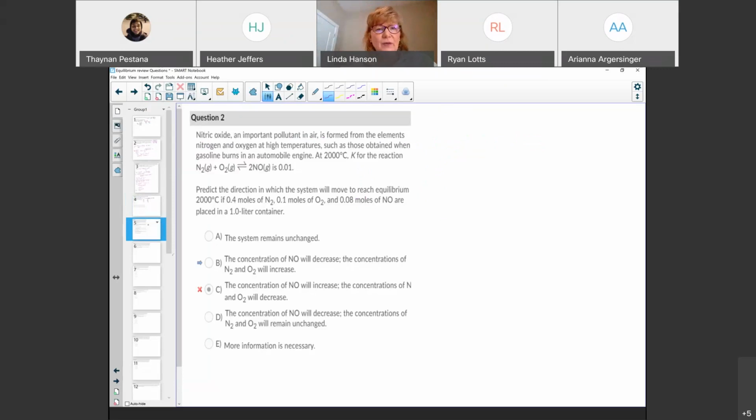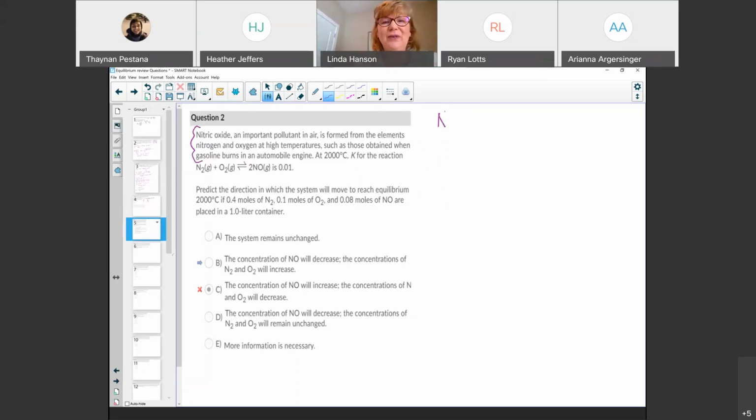Here's a question. Oh, it looks rather long. So let's take it slow. Nitric oxide is formed. So, okay, this is all nice to know stuff. An important pollutant in air formed from its elements. Here's something interesting, the reaction.